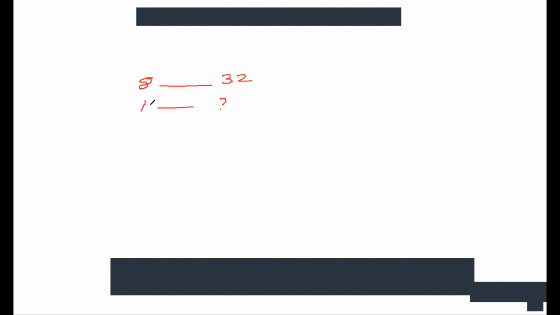You will multiply 1 with 32, so of course you will get 32. You will divide by 8 to know that each chocolate costs how much? I will divide both the numbers with which number? I can divide with 8, right? 8 times 1 is 8. 8 times 4 is 32. So I got 4 over 1.